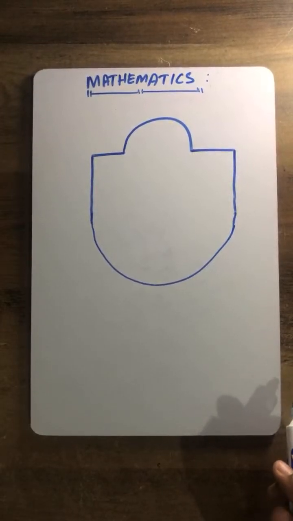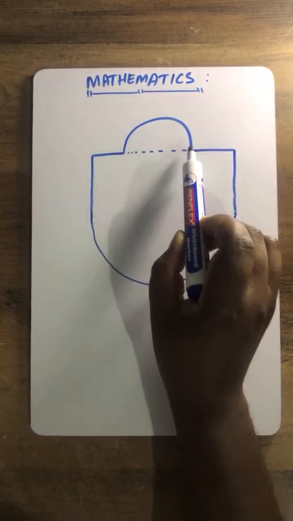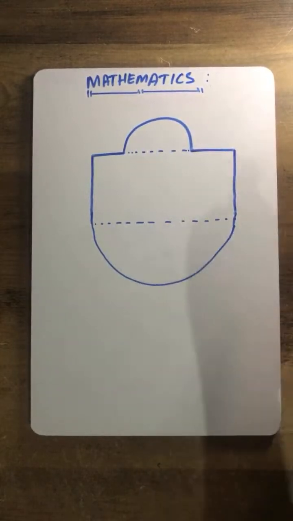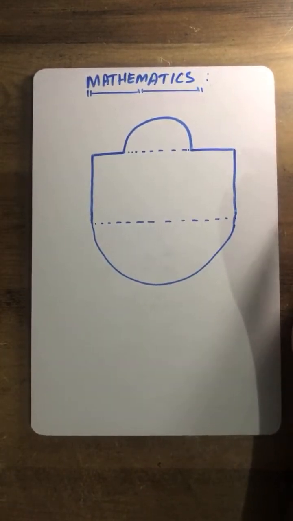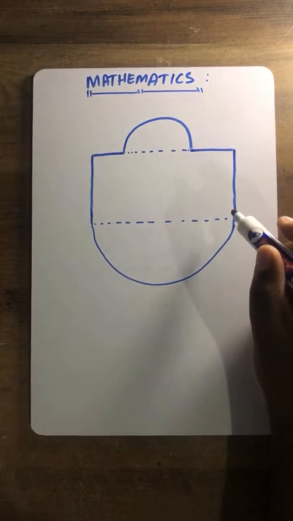So it's more like this is that. And then half a circle there. No, you're going to get it correct.